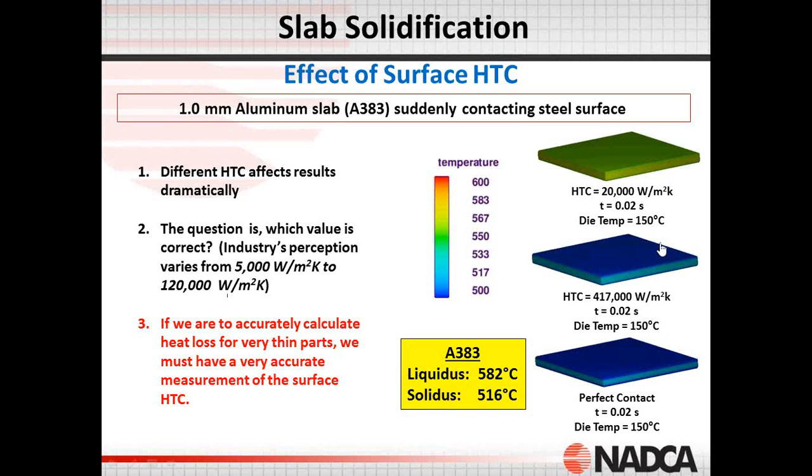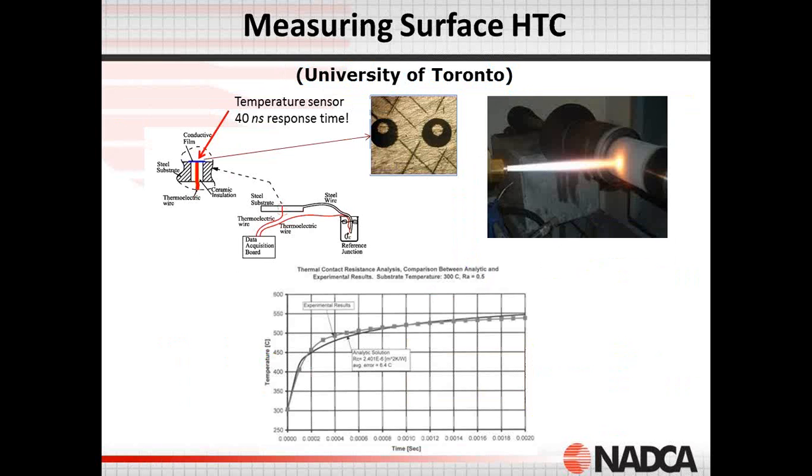And if we are to ever stand a chance of being able to predict the solidification time within the time scales of a few milliseconds of very thin parts, we must have a very firm grasp on what this heat transfer coefficient is.